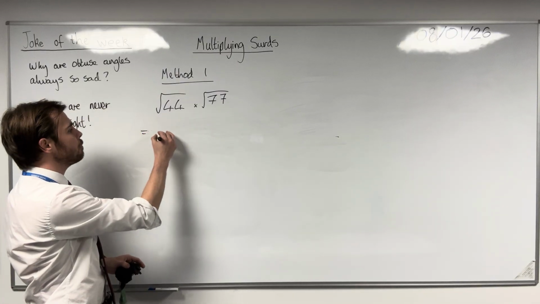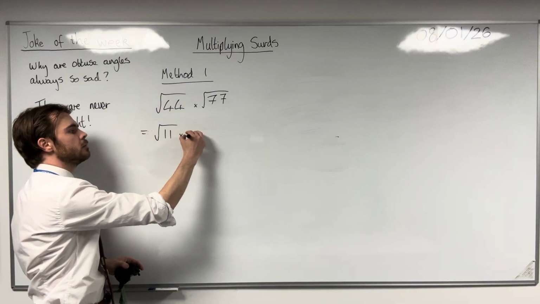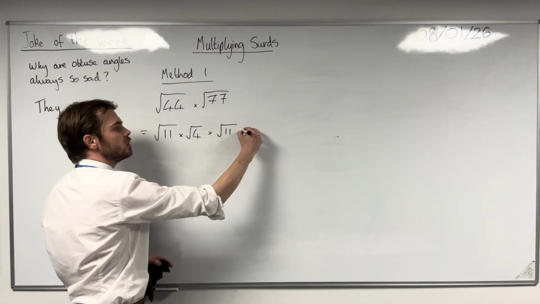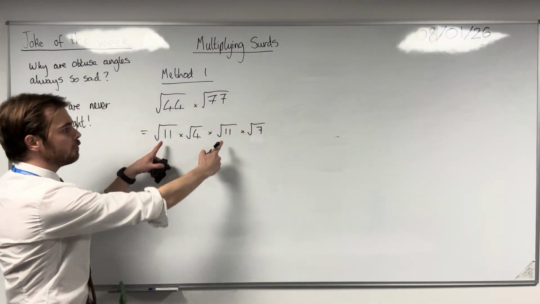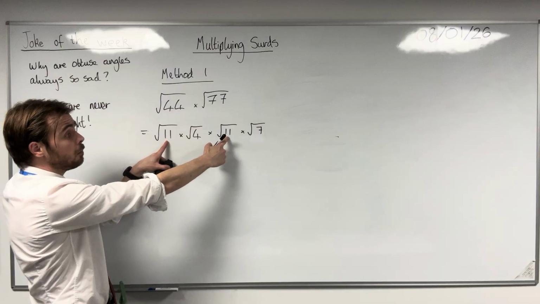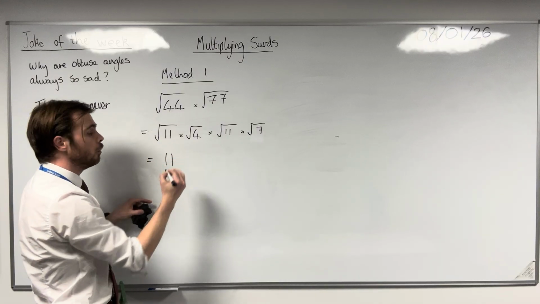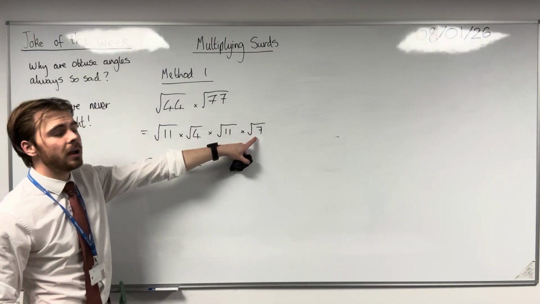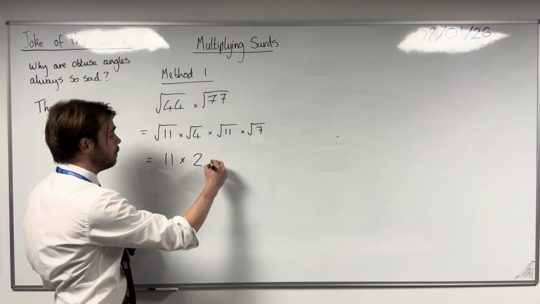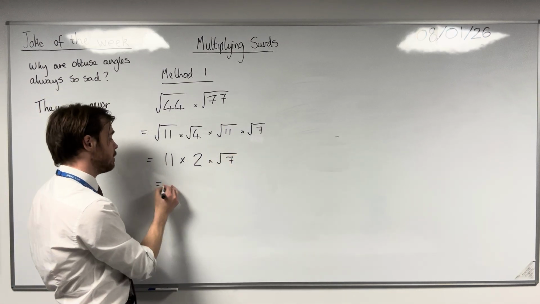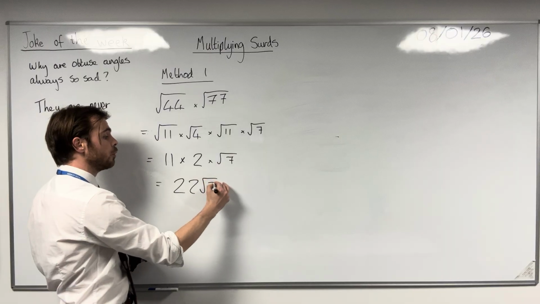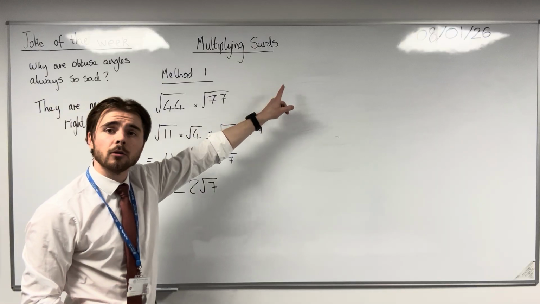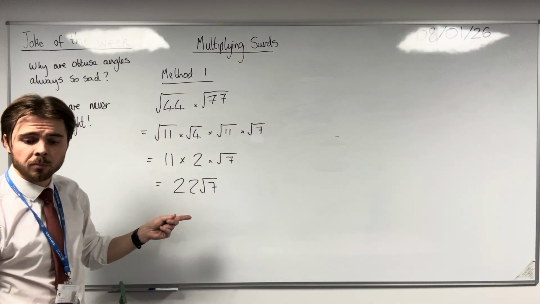So we are going to break the first down into root 11 times root 4, and the root 77 into root 11 times root 7. We've got our matching pair, so root 11 multiplied by root 11 becomes a normal 11. Our root 4 becomes a normal 2, and the square root of 7 stays as a square root of 7 because there are no other surds. And then we would simplify that answer fully to be 22 root 7. Really, really nice, okay? It's a lovely method. Better than this one, but you've got this one in case this doesn't make sense for you.